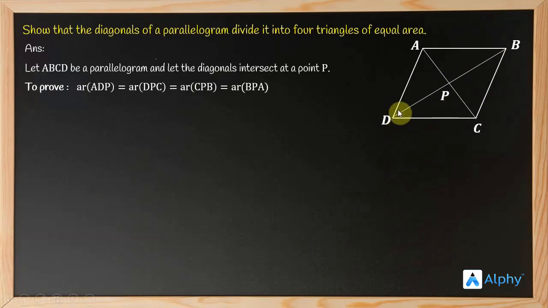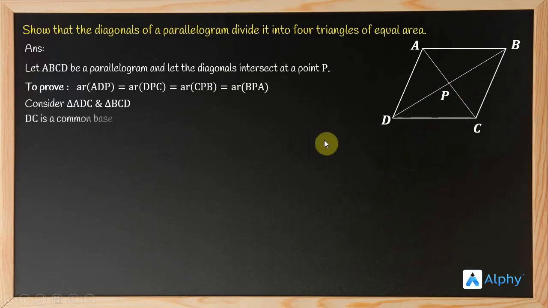Firstly, let's consider these two triangles, triangle ADC and triangle BDC. So you can easily prove that they have the same area because they lie between the same base and same parallels. And since DPC is a common area, you can easily see that these two areas are equal.